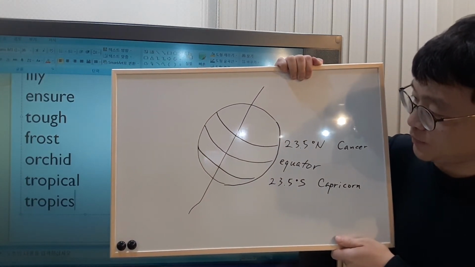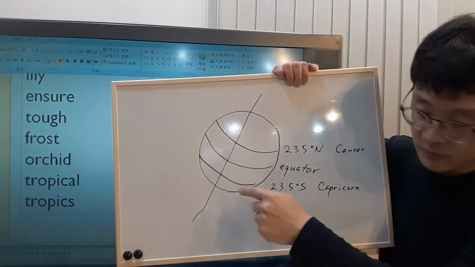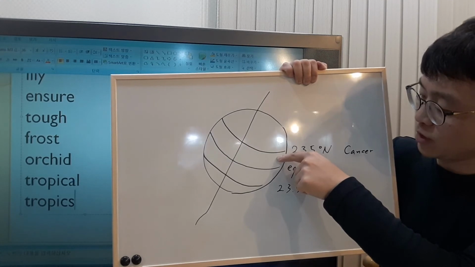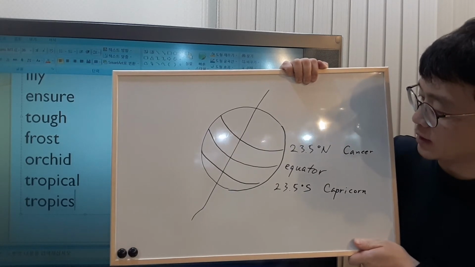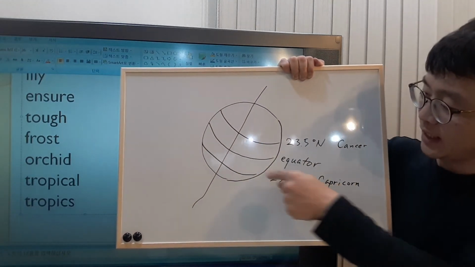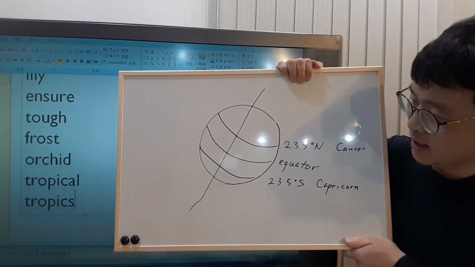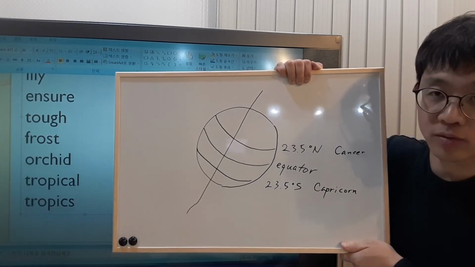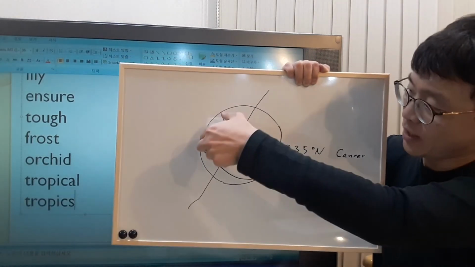And between these two latitudes, this area right here is called the tropics, and the upper latitude is 23.5 degrees north, which is called the Tropic of Cancer. Cancer means a crab, and this latitude is 23.5 degrees south, which is the Tropic of Capricorn. Okay, Capricorn means a goat. All right, so this area is the tropics.